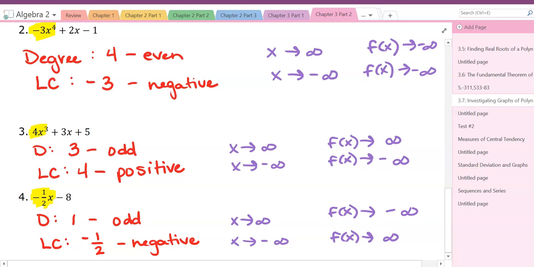When it's an odd function, odd means that that's the number of times it crosses your x-axis, an odd number. So the most that this can cross is 1 time. So at the x is kind of where it switches. So at one point it's going to go up, and at the other point it's going to go down.